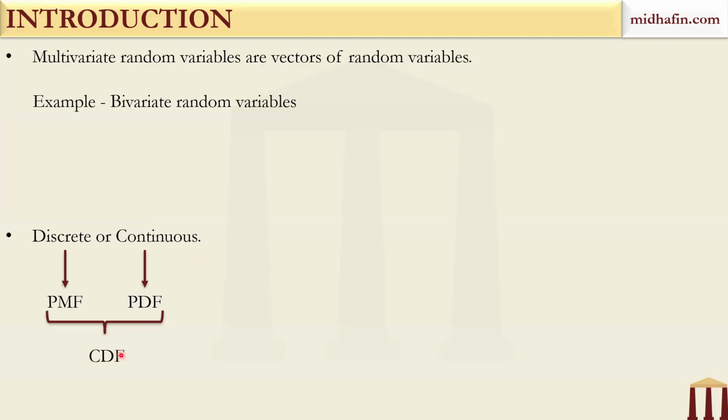And CDF was applicable to both, right? The only difference is that in the first case, it might be known as cumulative distribution. In the second case, it is known as cumulative density function. But the idea behind the CDF is the same, less than or equal to the realizations, right? For X1 and X2. We'll see an example and you'll understand it properly.